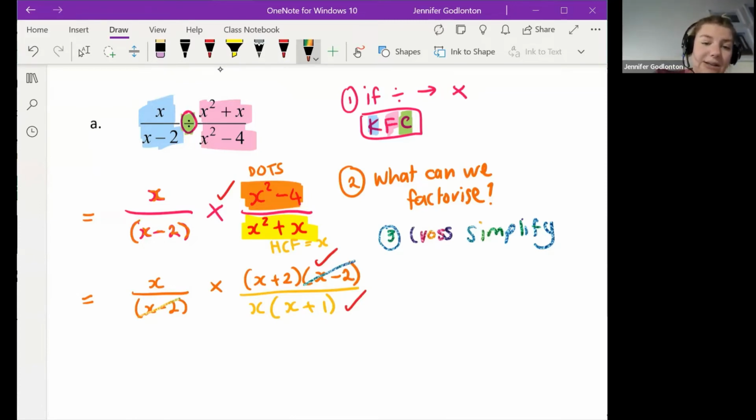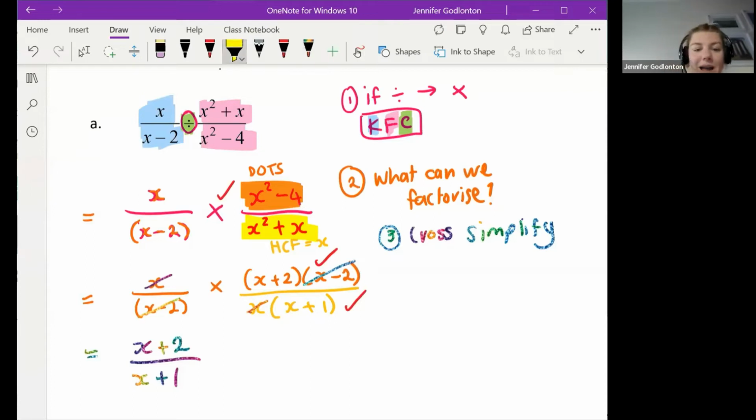I can also cancel that x with that x, because it's one numerator and one denominator. We can do it as long as it's one numerator and one denominator. Then we just write what we're left with: x plus 2 at the top and x plus 1 at the bottom. And that's it. Now, can someone tell me, am I allowed to cancel out those x's?